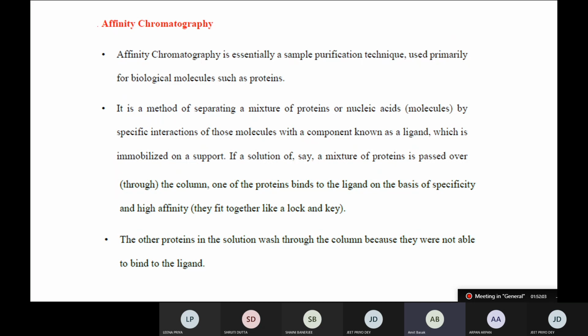And we have done the gel electrophoresis, the SDS page, and gel filtration, or what is called size exclusion chromatography. The fourth one I should cover is affinity chromatography.